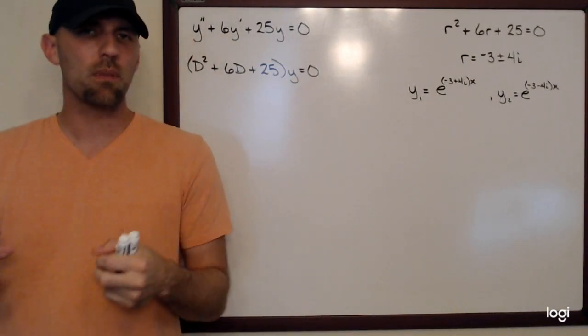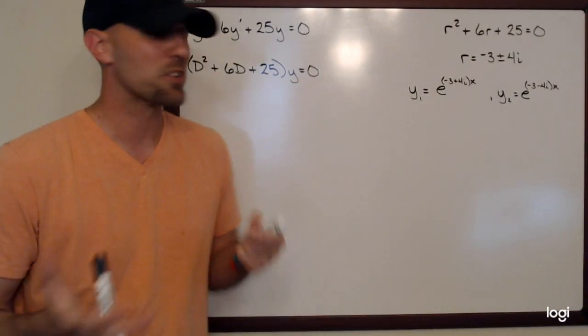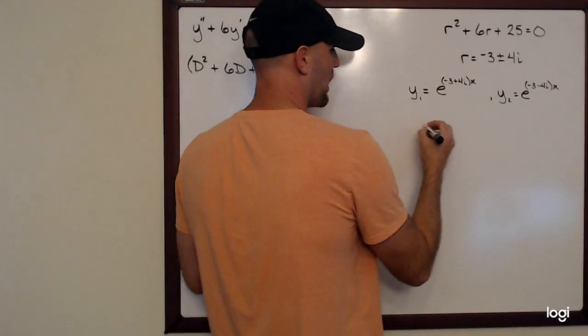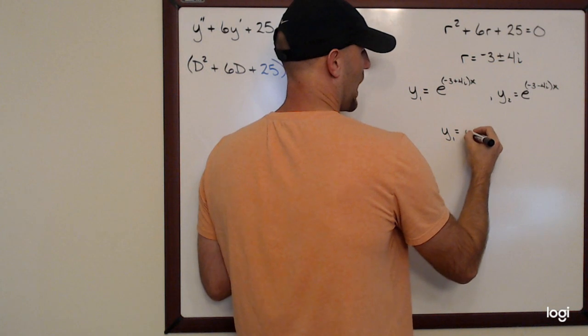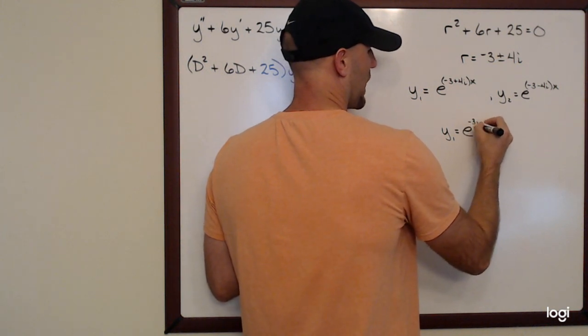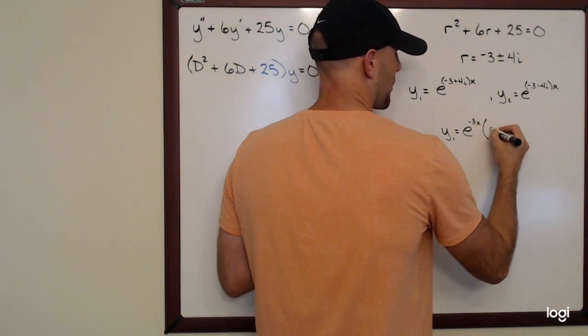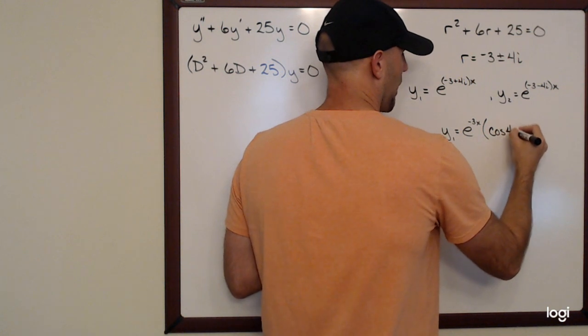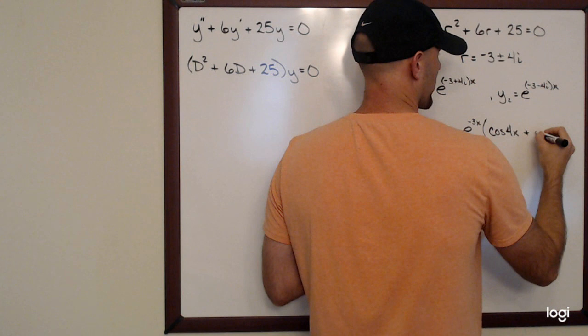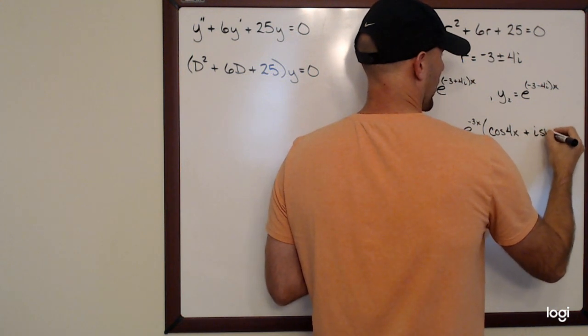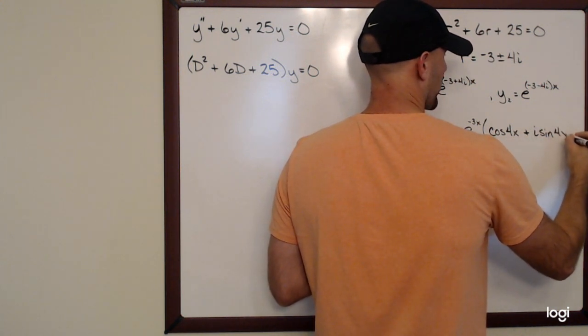Now Euler's formula helps me out a little bit, like a small amount. Euler's formula allows me to rewrite these things collectively. y1 as e to the -3x, and I get cosine 4x plus i sine 4x.